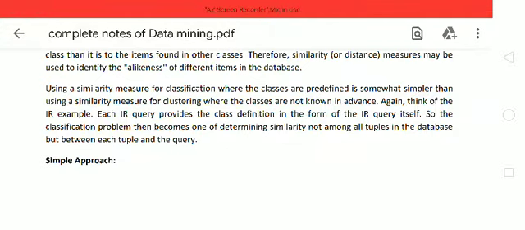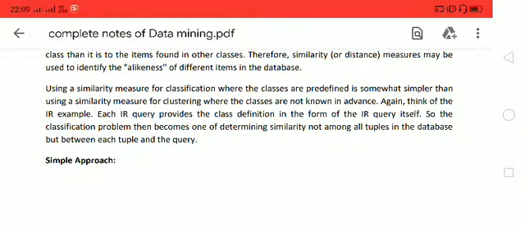Again we will think about an IR example. We will see an information retrieval example just to clarify the concept. In the IR query itself, when we are defining it, the classification problem comes into the picture.